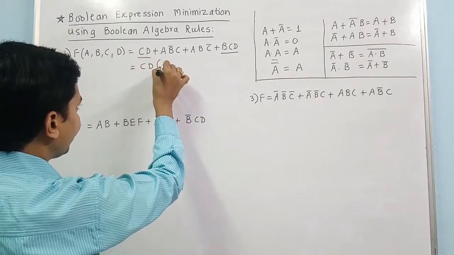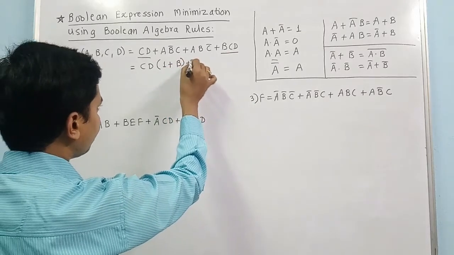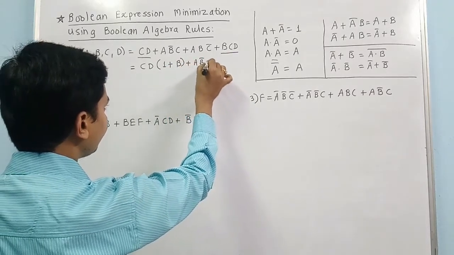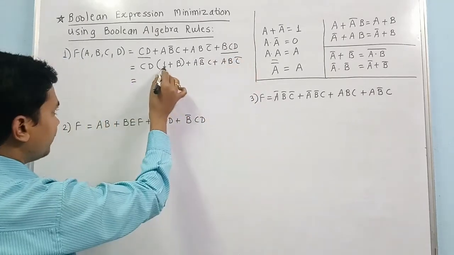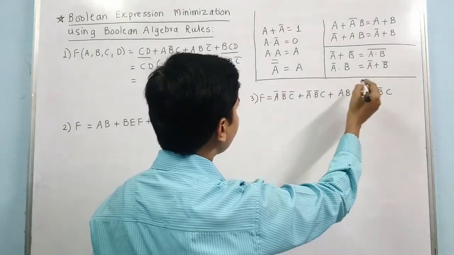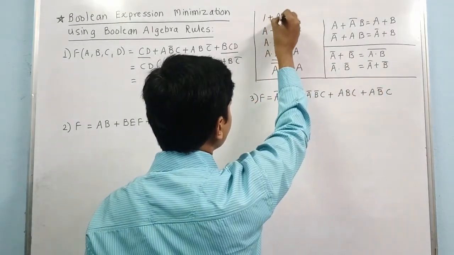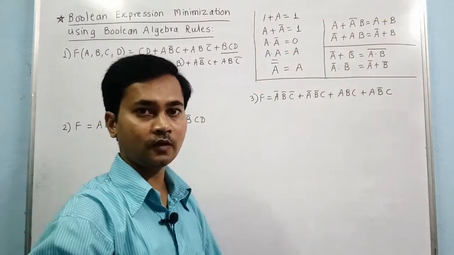Inside the bracket, 1 plus B, and what remains is A B bar C plus A B C bar. Here 1 plus B means we apply the rule 1 plus A is equal to 1. So 1 plus anything is always 1.